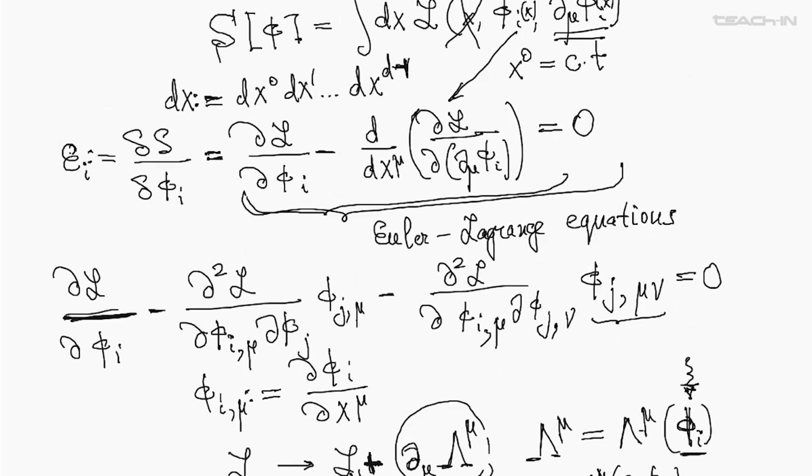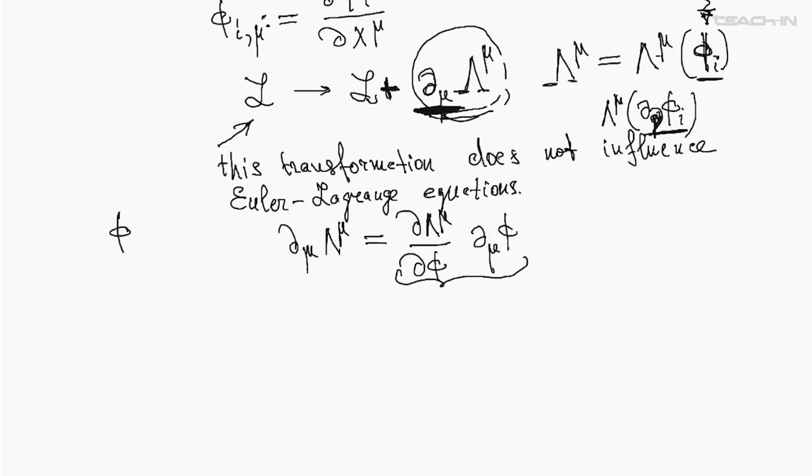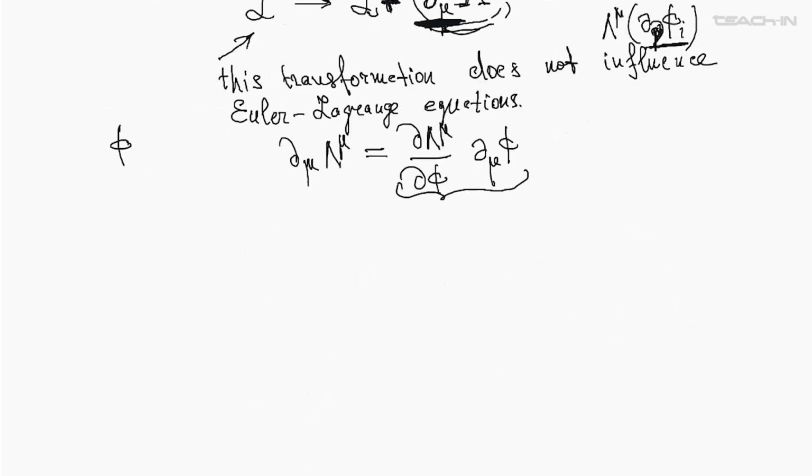So this means that our Lagrangian derivative will get an extra contribution depending on lambda. So the Lagrangian derivative will go to the Lagrangian derivative plus an extra contribution depending on this lambda.